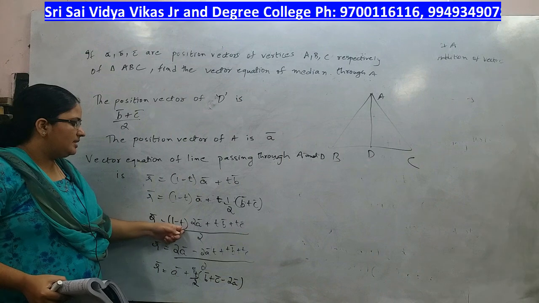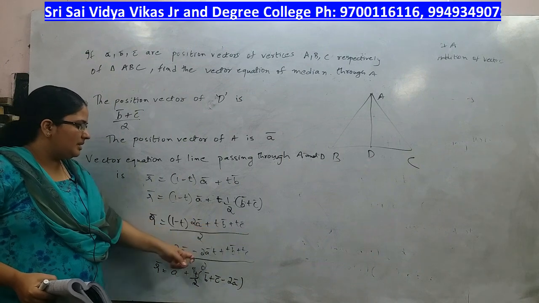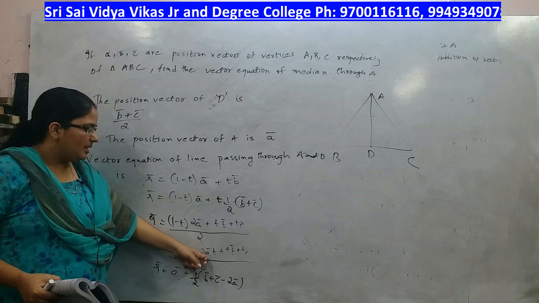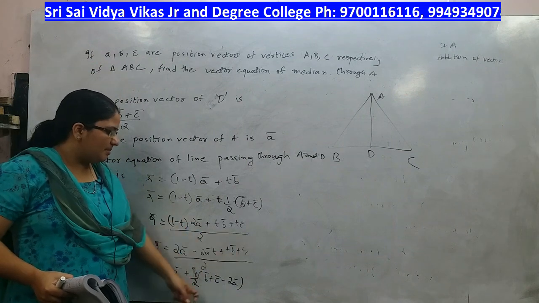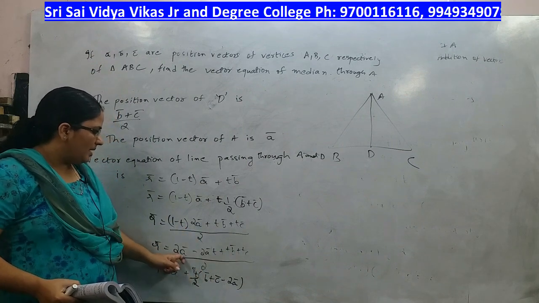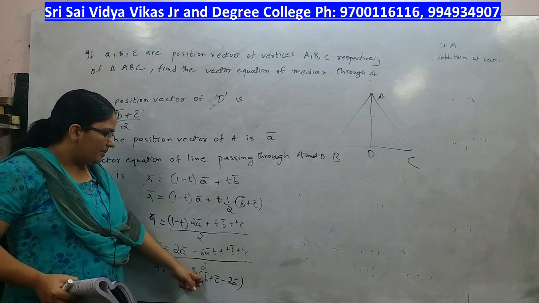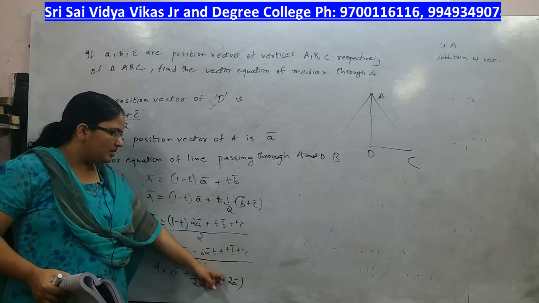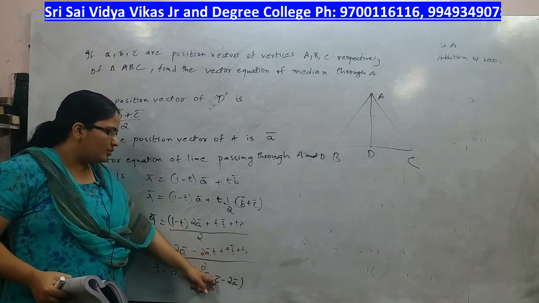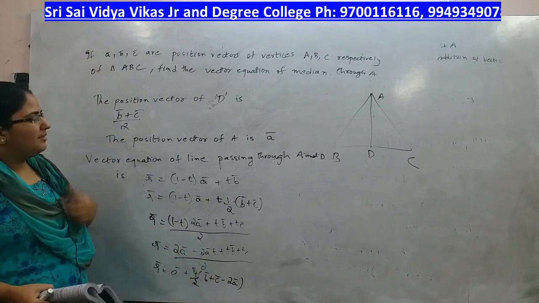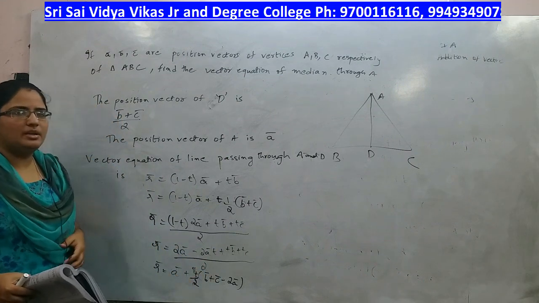You get (1 minus T) 2A bar plus T B bar plus T C bar, all by 2. This is 2A bar minus 2A bar T plus T B bar plus T C bar by 2, which gives A bar plus T by 2 into (B bar plus C bar minus 2A). So this is the vector equation of the line.